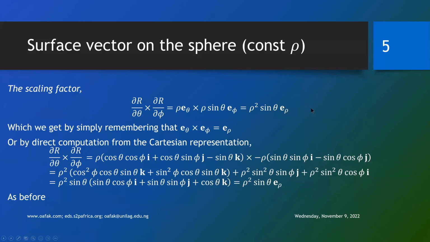It is easier to obtain it here by just remembering that E rho, E theta, and E phi constitute an orthonormal triad. And so if you do E theta cross E phi, we are going to get E rho, and the multiplication factor remains unchanged. But if that is hard for you, go through the long process of working it out, and you get the same answer. So the scaling factor for the surface vector on the sphere, where rho is constant, is this quantity here.